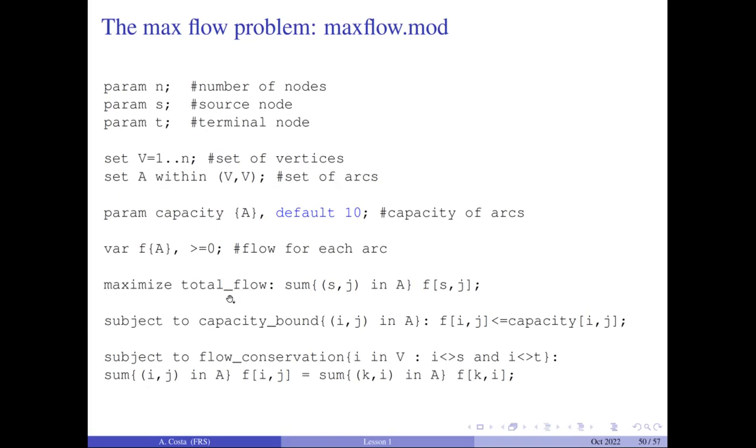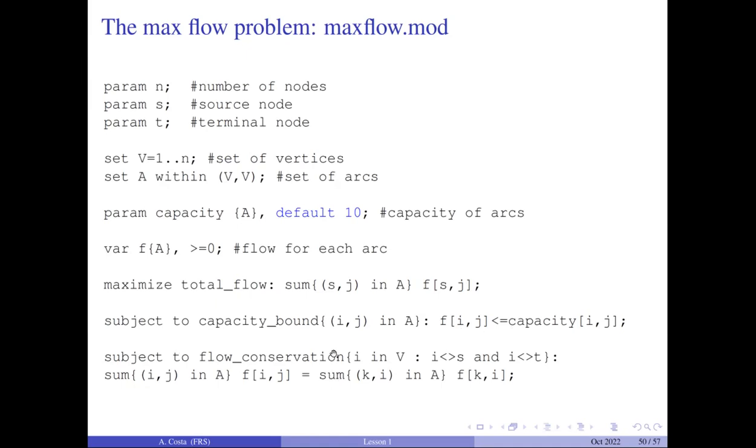Objective function, we want to maximize, the objective here is called total flow. And as I said, we can define it as the flow going out from the source or the flow entering the terminal. In this case, it is the flow going out from the source. Capacity bound is the fact that for each arc, we cannot send an amount of flow exceeding the capacity.